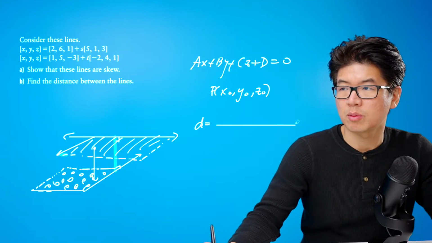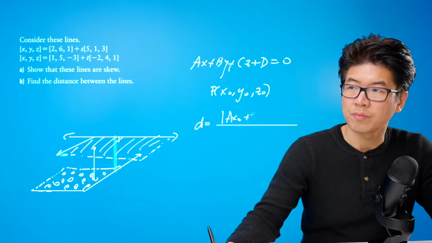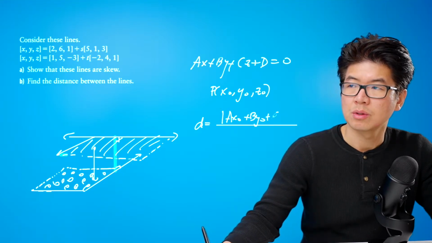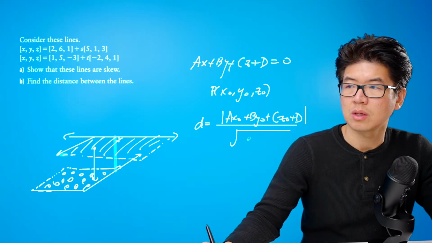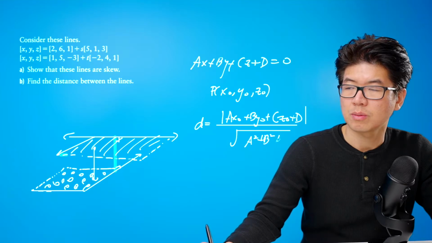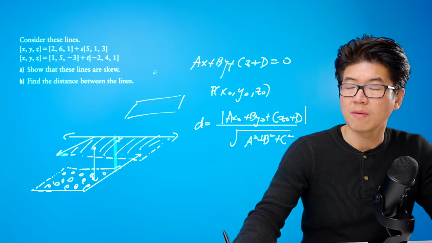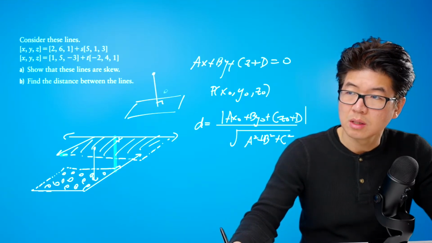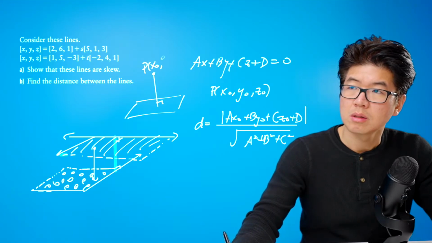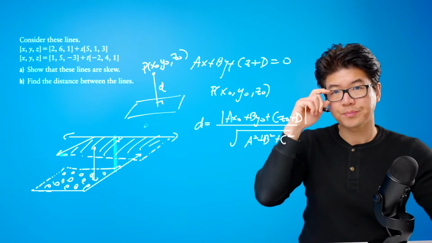It is proved in a separate video, but it's the following. Absolute value of ax0 plus by0 plus cz0 plus d, over the square root of a squared plus b squared plus c squared. So if you have a plane and a point floating somewhere outside of the plane, and you want to find the shortest distance from that point to this plane, this is the formula that would do it.